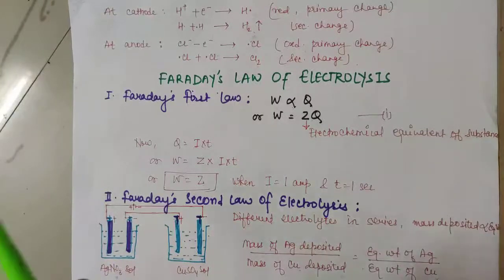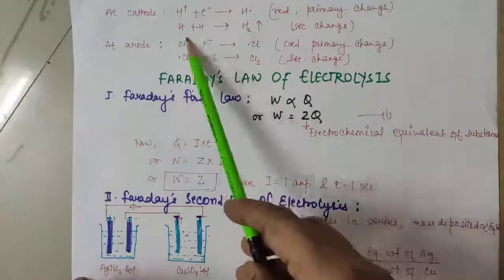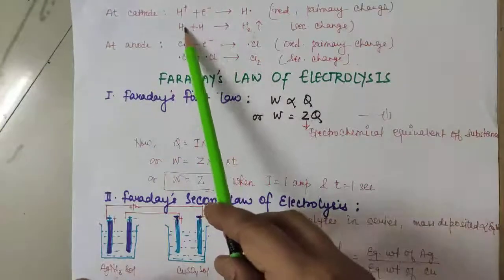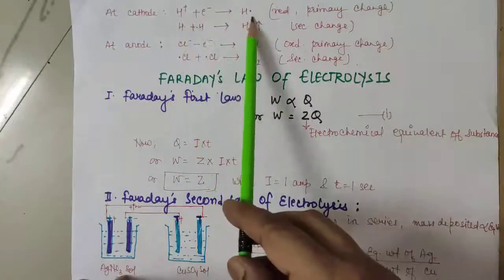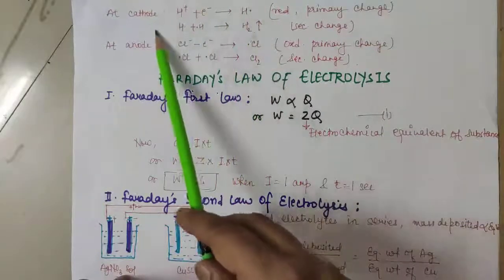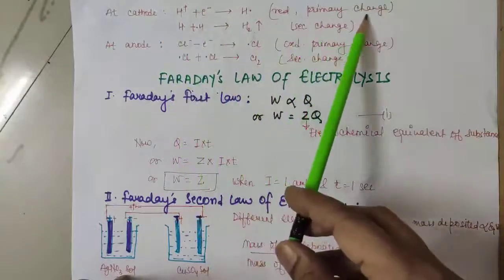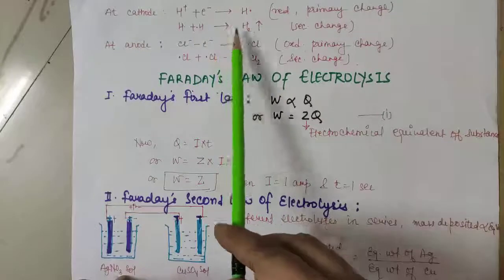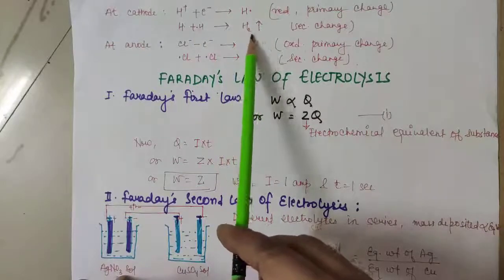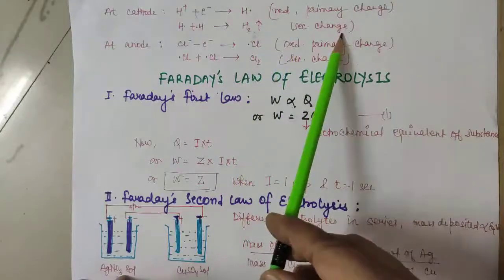Comparing hydrogen and sodium, hydrogen ion has lower discharge potential and will get converted to hydrogen atom at the cathode. It's a primary change. Two hydrogen atoms will combine together and form hydrogen gas, and it is a secondary change.